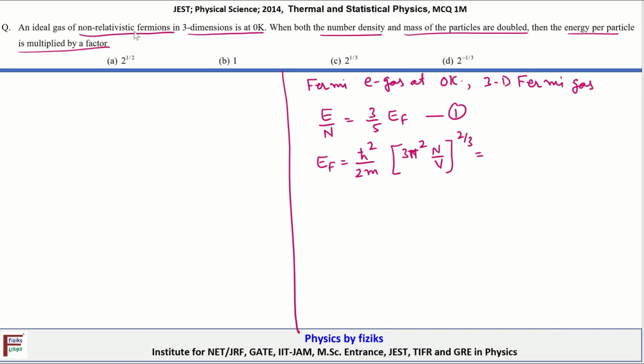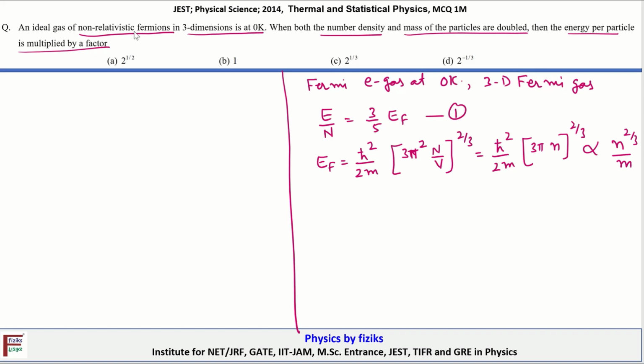So this can be rewritten as h cut square by 2m multiplied by (3 pi square n) power 2/3, where small n denotes the number density N divided by V, and m is the mass of the electrons. So the Fermi energy is proportional to the number density n power 2/3, divided by mass.